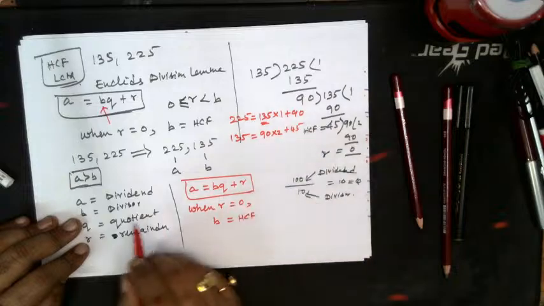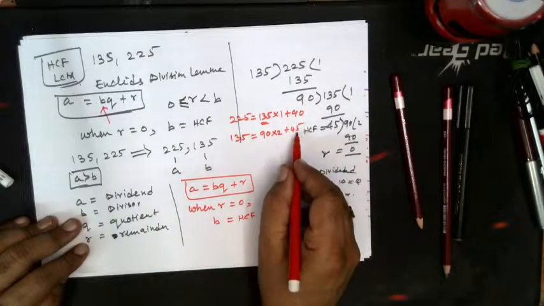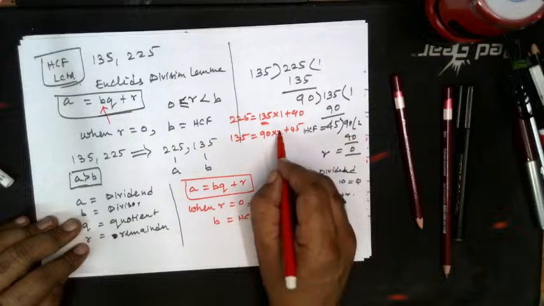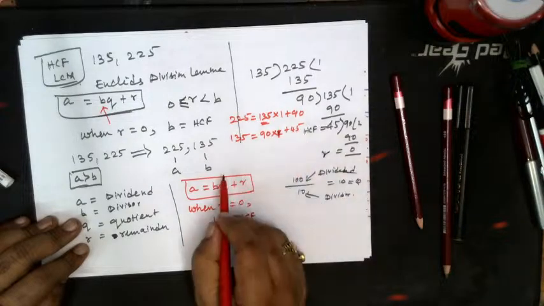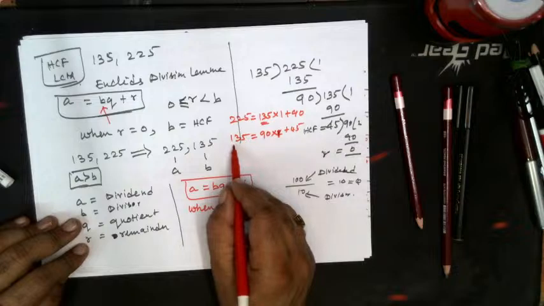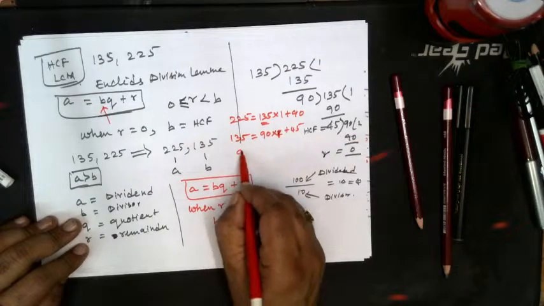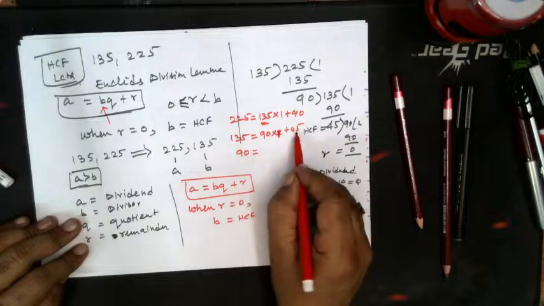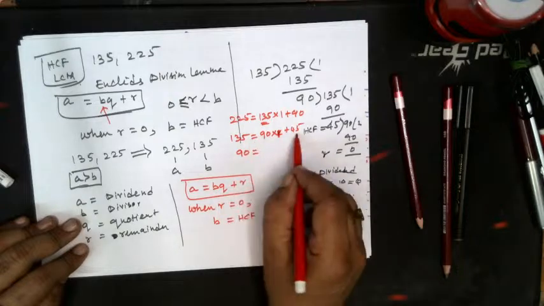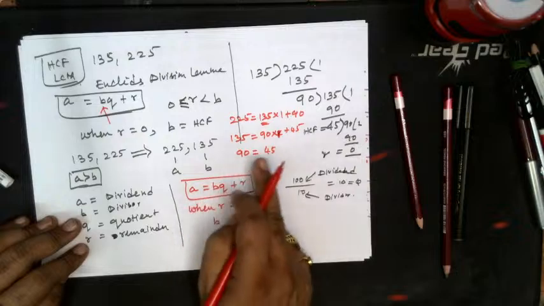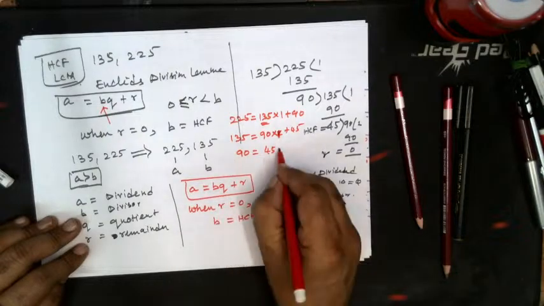Sir, 135 is 90 into 1, not 2. 90 into 1. And again, you have to consider this B. So bring this B here, 90, and bring this 45 here, that was the remainder. Now what is the quotient? 90 divided by 45 is 2.